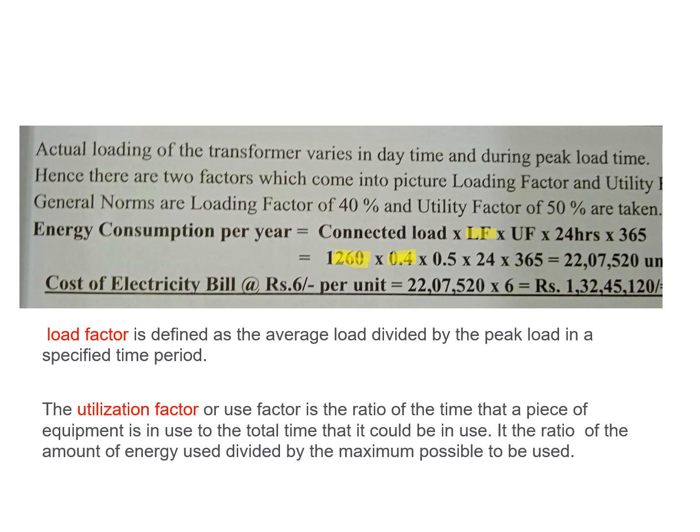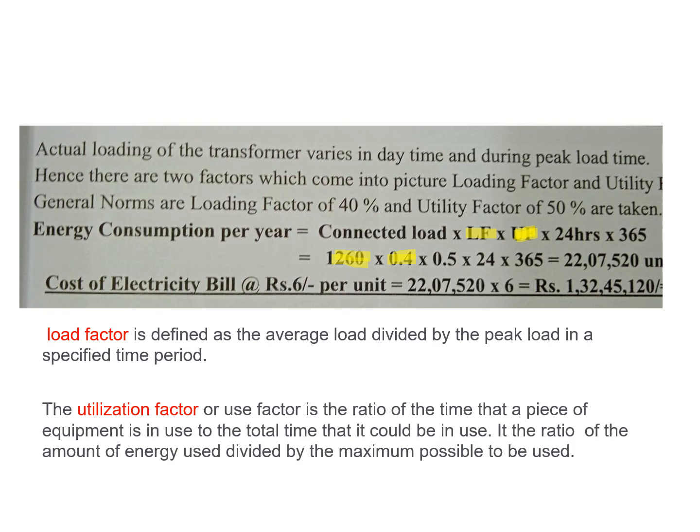And there's something called the utility factor. Utility factor again means that, all right, you have connected a machine which is being used, but what is the ratio of the time that the machine is used to the total time that it could be in use? Like we talked about the iron. So for an iron, the utility factor is pretty low. For a hair dryer, the utility factor is pretty low.